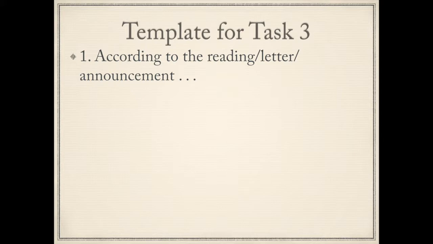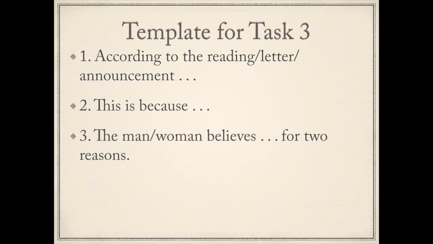State the main purpose of the reading. This is because, and then give a rationale. That's the most important thing. Remember, when you're taking notes, that's what you need to take your notes on. There will be some details, but this has to be the main focus. And then the man or woman, because you'll hear the conversation, the man or the woman believes that this is a good idea, this is a bad idea, they support, they don't support, whatever.